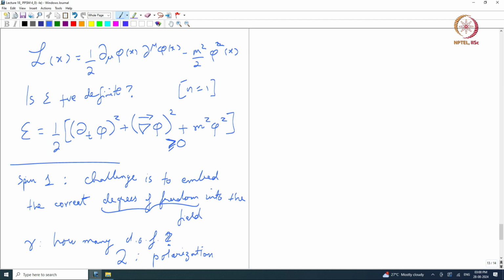Agreed, right? So how would I write the polarizations now? In electromagnetism, you would have been used to writing this in terms of 3 vectors, but now we have gone on to relativistic descriptions of all these phenomena. So we have to be more careful, correct?